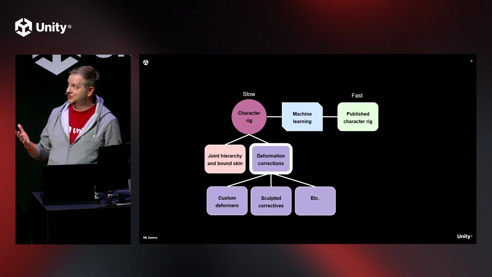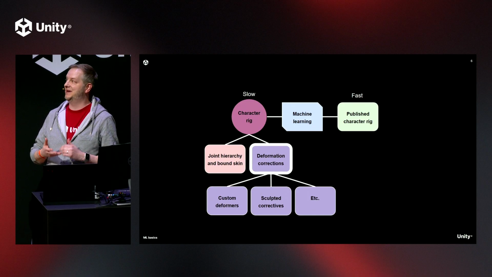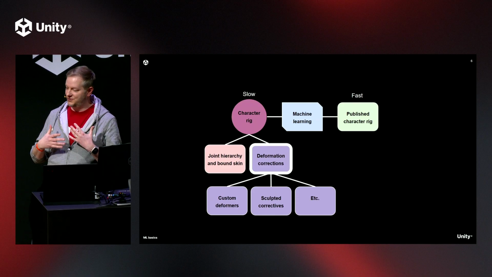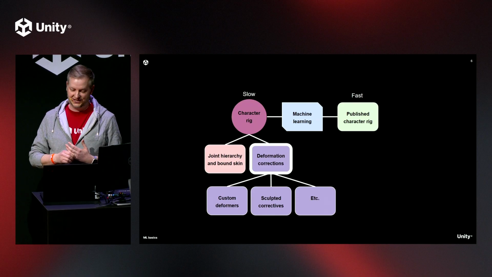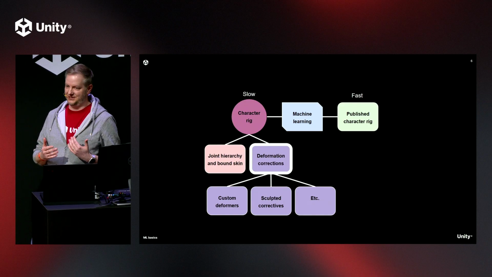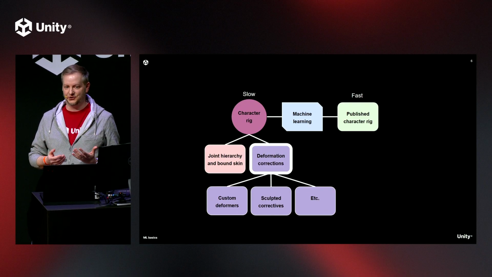Those deformations could be made up of all kinds of different things. It could be custom deformers, it could be hand-sculpted correctives, it could be a helper joint system with a lot of different behaviors to help maintain the skin's volume. Basically anything that corrects or changes the way the skin moves with our joints is going to have a performance cost associated with it.